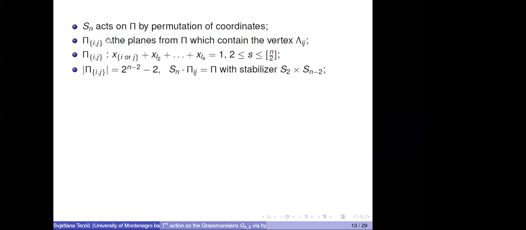If we fix those planes which contain the vertex lambda_ig, the vertex which has one at the places i and g, then these planes are of the following form. The number of these planes is as follows, and the S_n orbit of these planes is the set of all these planes, with stabilizer S_2 times S_(n-2). So this group acts on the set of these planes which contain the fixed vertex.